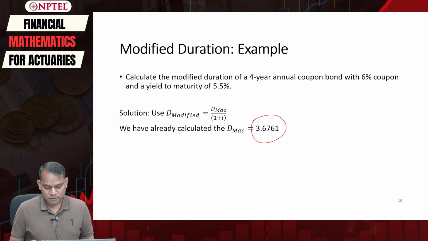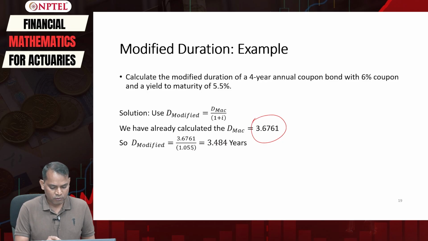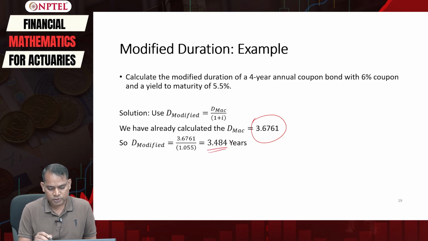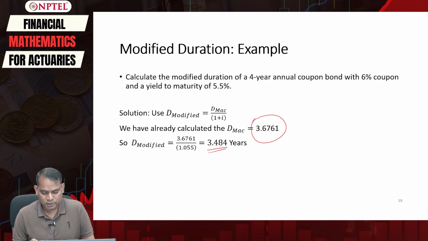Therefore the modified duration here is 3.6761 divided by 1.055, which gives us a value of 3.484 years. Again, we see that this value is less than n, that is the fourth year.